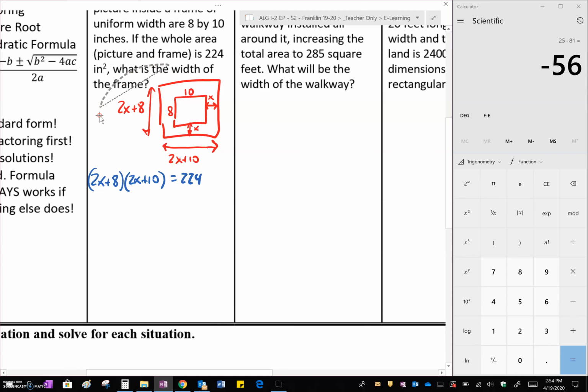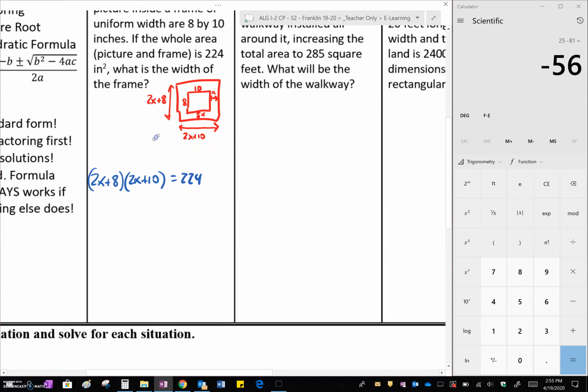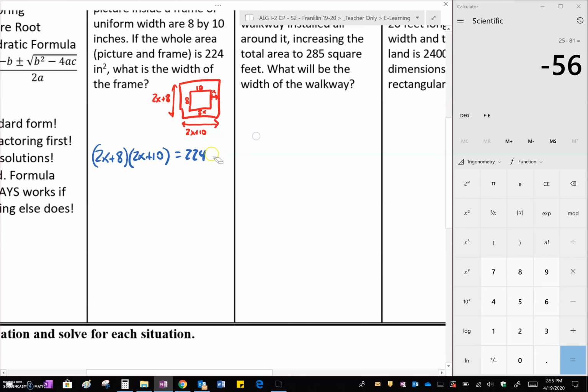I'm going to go ahead and shrink this because we're done with it and it's in the way. But if you want to see it, just go to the beginning of the video. So now we have to do some math. So 2x times 2x, 4x squared, plus 20x, plus 16x, plus 80 equals 224.